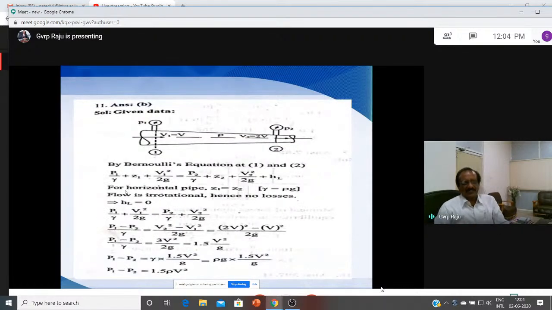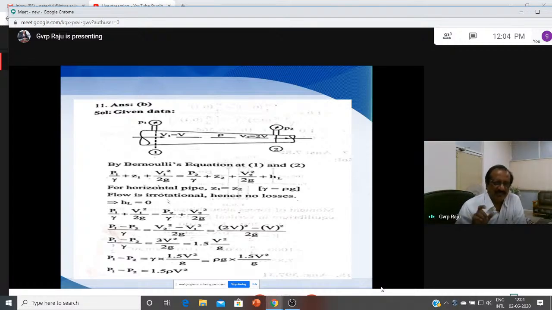So take Bernoulli's equation here for the pipe with reducing cross-section area. The velocity here is V and the velocity here is 2V. The flow is irrotational and there are no losses here, so you can straight away use Bernoulli's equation for the ideal fluid.